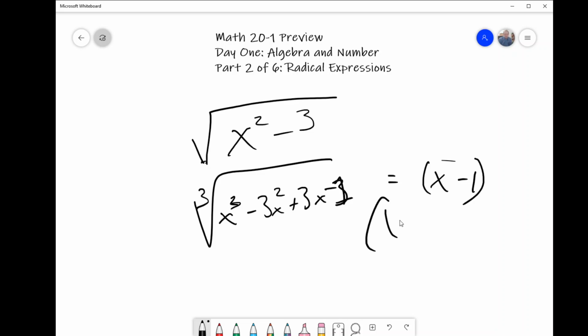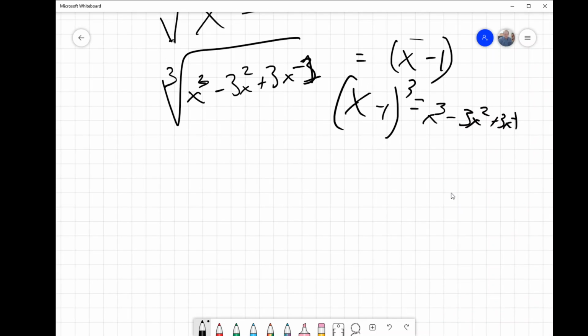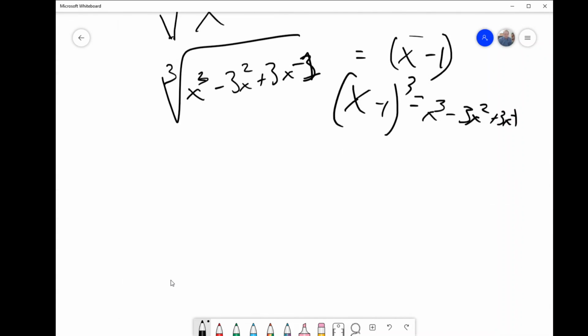Because x minus 1 cubed is x cubed minus 3x squared plus 3x minus 1, and then we take the cube root of that. So some of these will have expressions or easy simplifications, others will not, and we'll be looking at the properties of these.